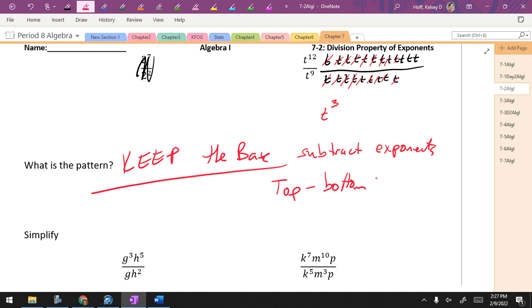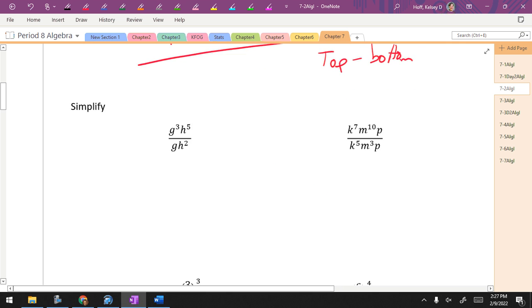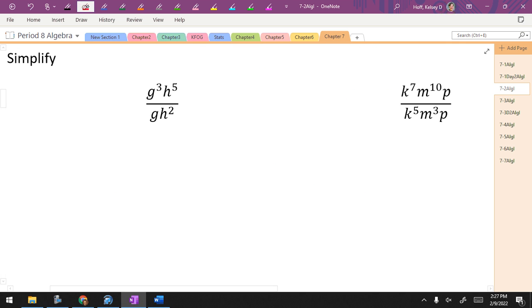Just like with multiplication, we want to put things together that have the same base. In multiplication, we put them in their own parentheses. With division, I'm going to put them in their own little fractions. So if we just break down simplifying here, I'm going to separate my G's and my H's. G to the 3rd divided by G in its own fraction.